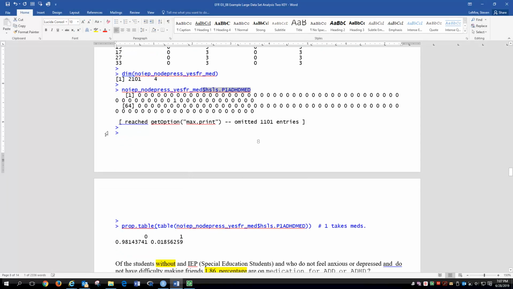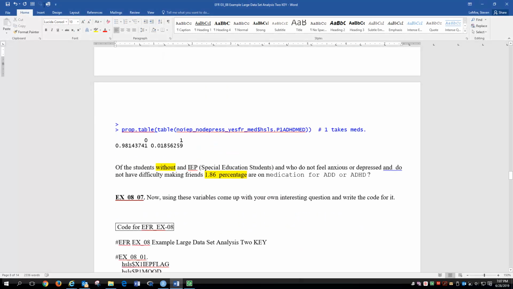So I do the probability table, and I get out here, and we see that we only have 1.86% taking meds. One was taking meds. So of the students without an IEP and do not feel anxious or depressed and do not have difficulty making friends, only 1.86% are on medication. That's probably a good thing, right? So you hope these are pretty normal, happy kids.